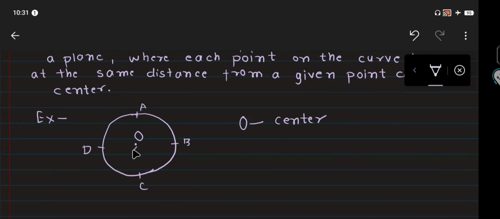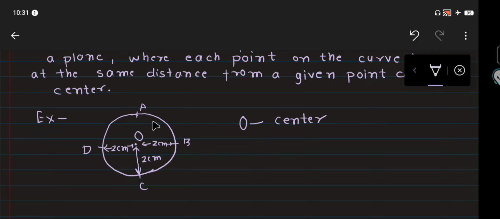So let's say the distance between point O and C is 2 centimeter, for example. So the distance between D and O is also going to be 2 centimeter, and the same goes for O and B and O and A. These distances will also be 2 centimeter.